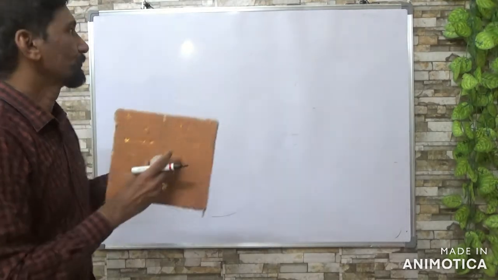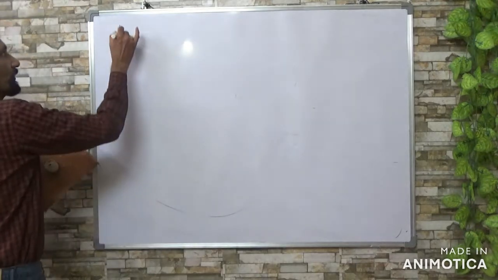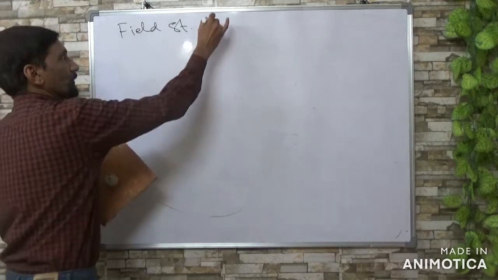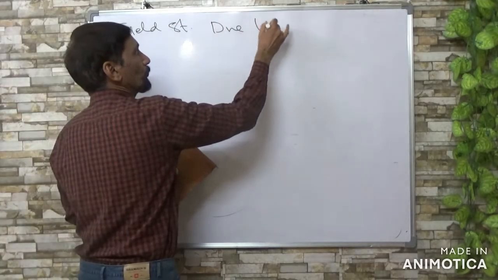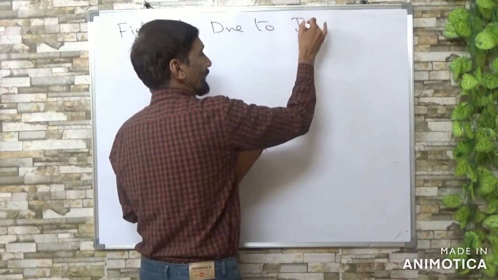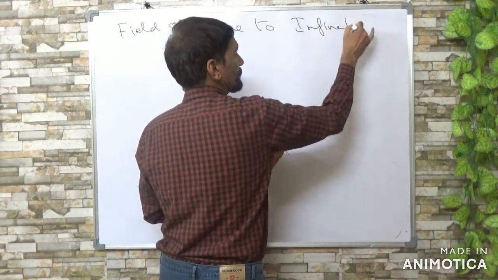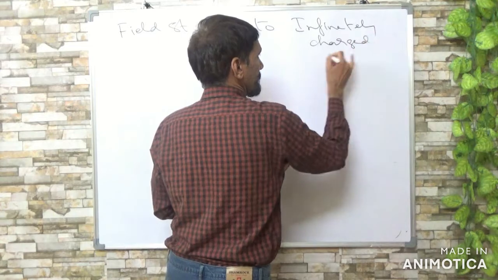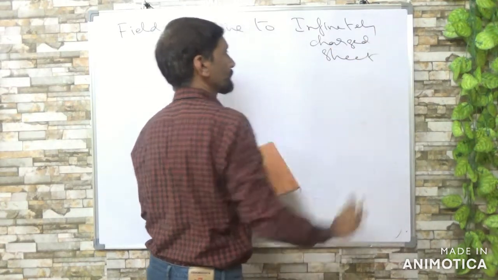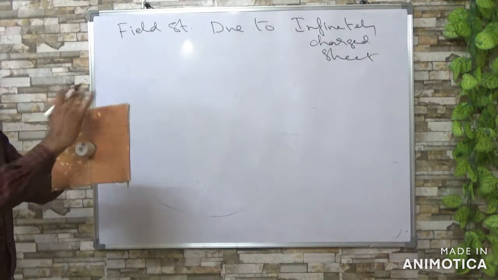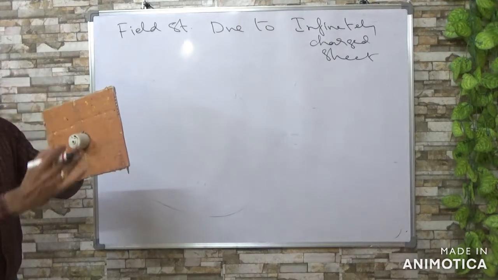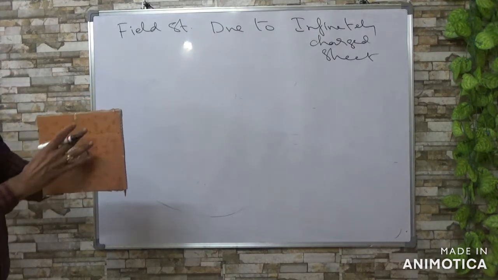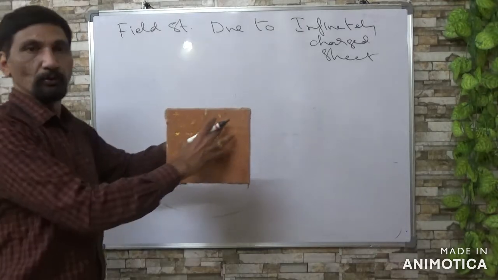Now the field strength due to an infinitely charged sheet. So we are now taking a charge sheet. You want to first find the flux through this.